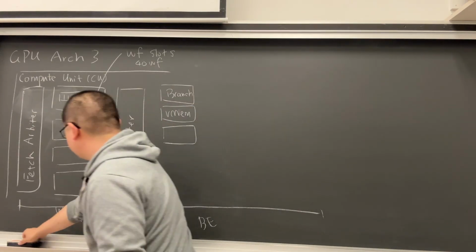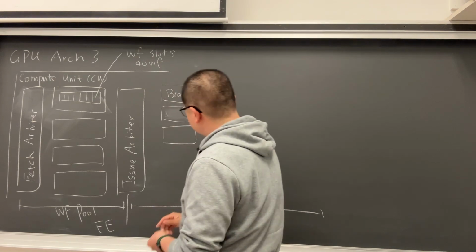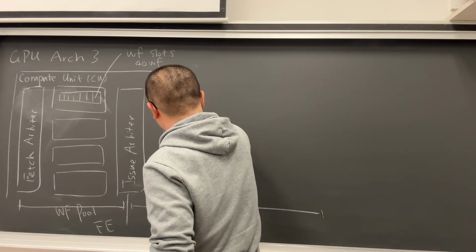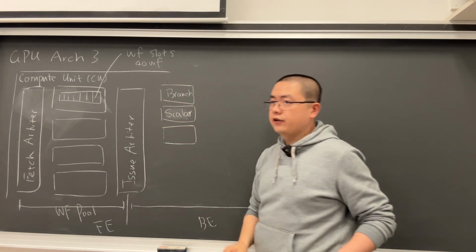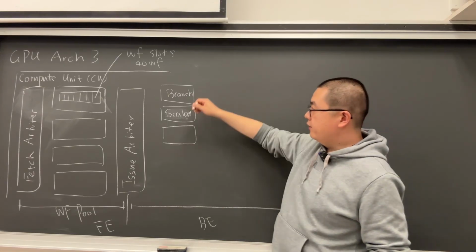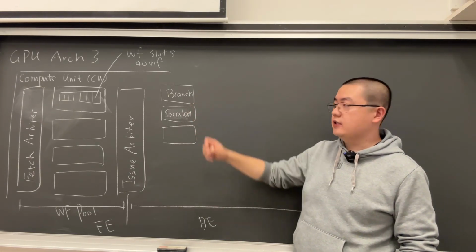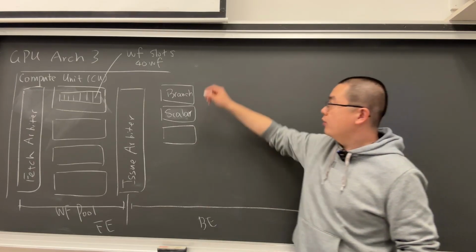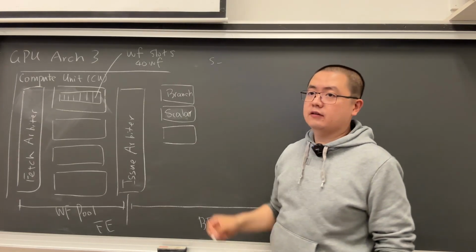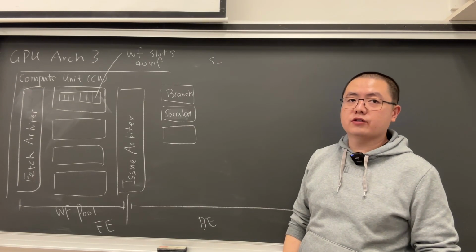I should put the scalar unit on top. If you check the AMD assembly, both branch instructions and scalar instructions start with an S prefix, so they are both scalar instructions.